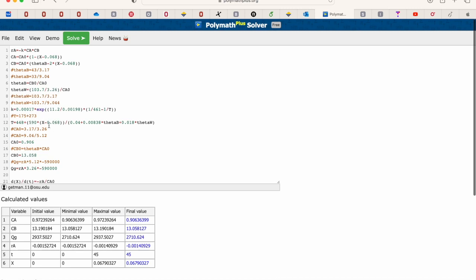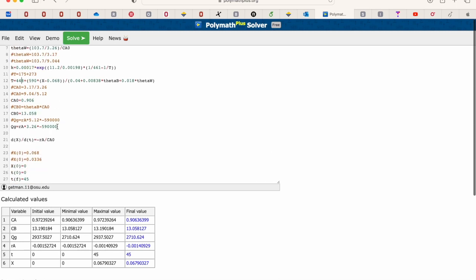Here, again, I'm going to include this value of 0.068 and subtract it out. That's because the temperature doesn't start increasing when the conversion is at 0, because from 0 to 0.068, it's isothermal operation. So it only starts increasing after 45 minutes, or after the conversion has reached 0.068. So I'm going to subtract that term out there, and then everything else should be all right.